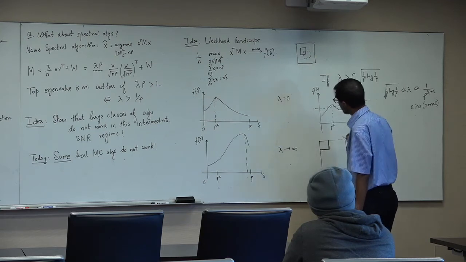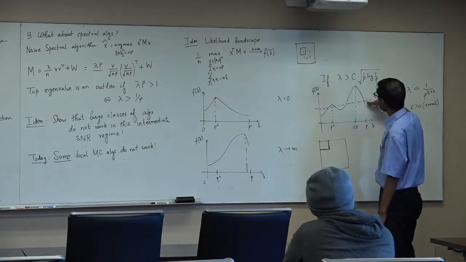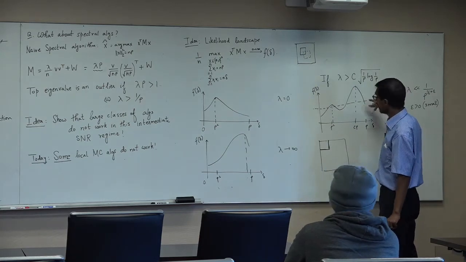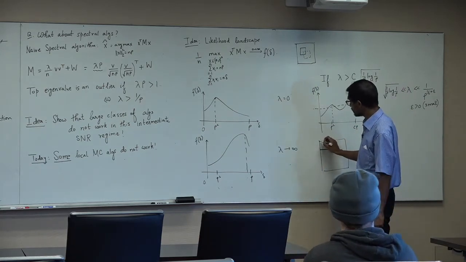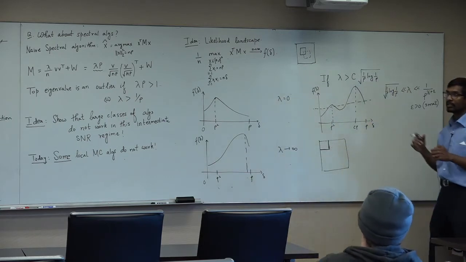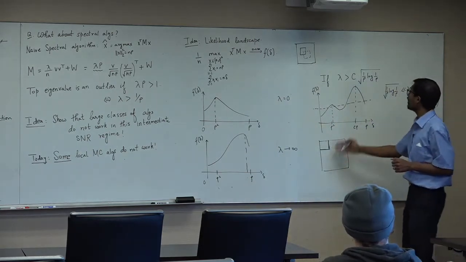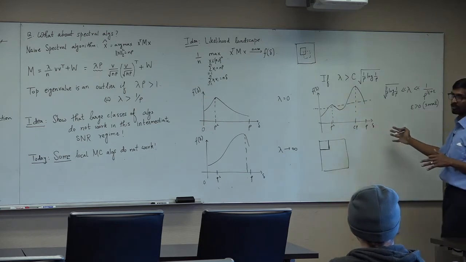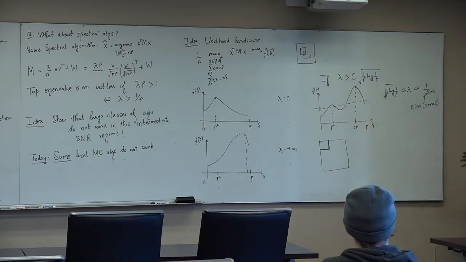What this is saying is that if I need to get some likelihood value that's higher than this threshold, either I can get it with a very small overlap, so I have very few rows and columns in common with the hidden one, or I actually end up recovering a lot. I can't get such a high value of the likelihood by having an intermediate number of rows and columns in common. That's what this is saying.